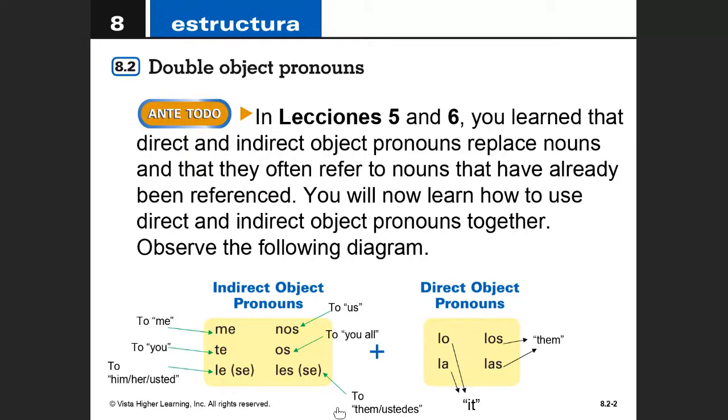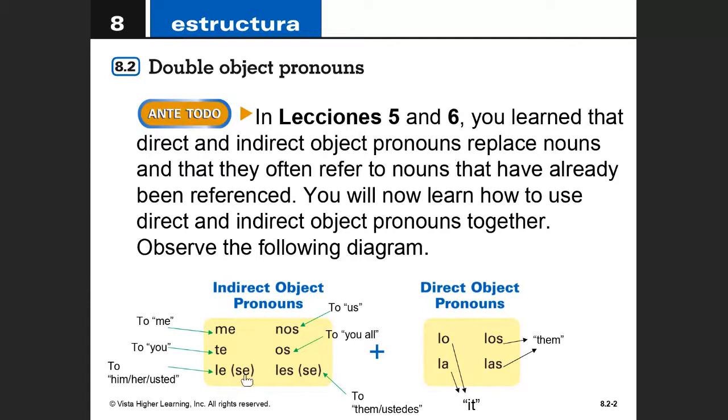But at some point, we will need to use these two together. As you can see, this starts with L, same as this one, and all of these start with L as well. If we follow the rules that we have learned, we can put these two together, right? Me lo, or te la, or nos los, or os las, no problem.